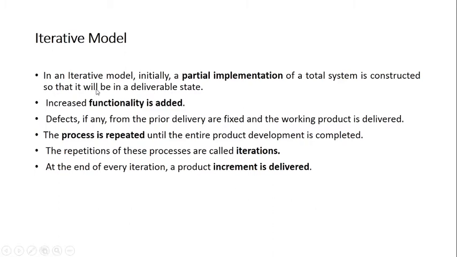So what is this iterative model? In an iterative model, initially a partial implementation of a total system is constructed, so that it will be delivered in a deliverable state. Simply, we are not going to develop the complete system as we did in the waterfall and prototype models. There, we prepare the complete application, develop it, and then deploy it.